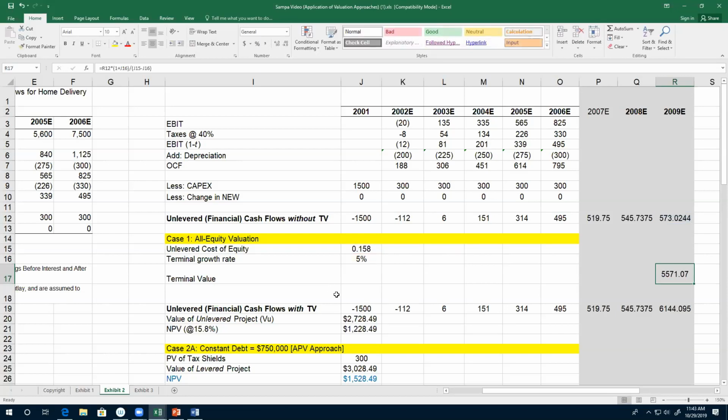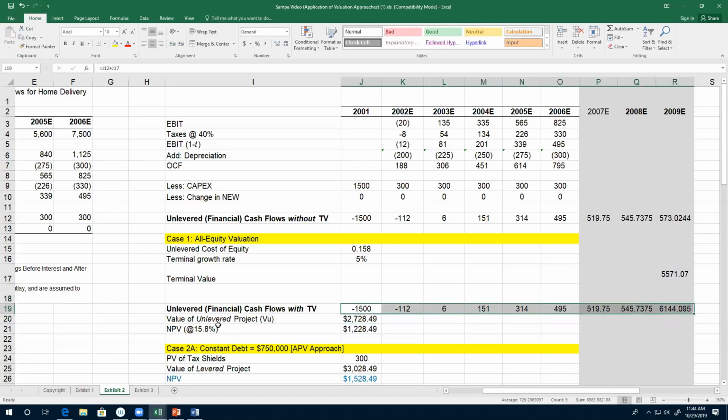And so now my unlevered financial cash flows with terminal value is basically all of this stuff. And then my last year cash flow is basically the sum of these two numbers. So main point, this project for Sampa Video is going to yield these unlevered financial cash flows.